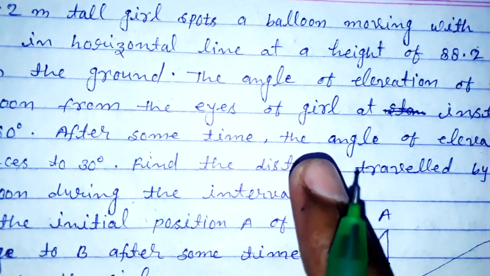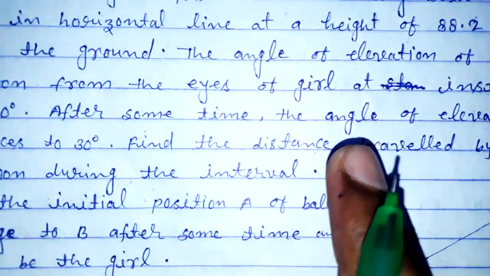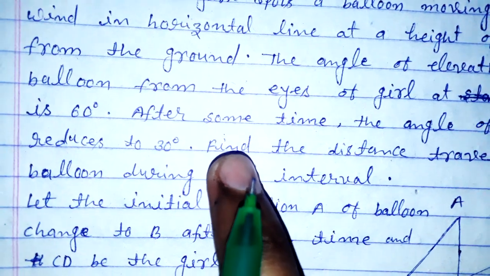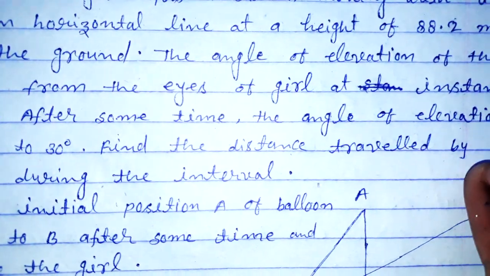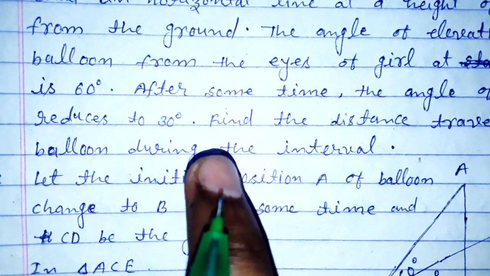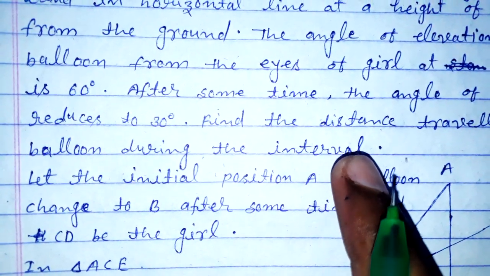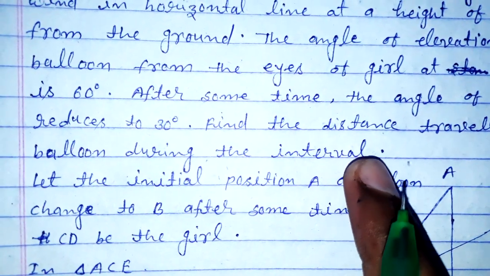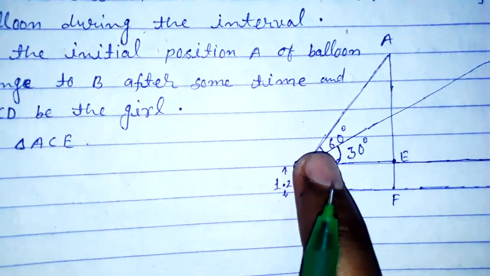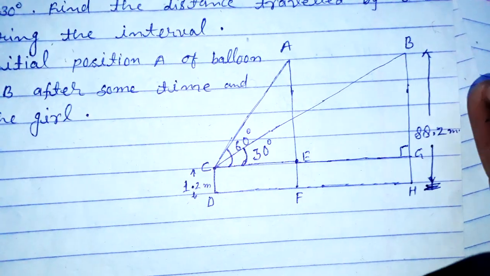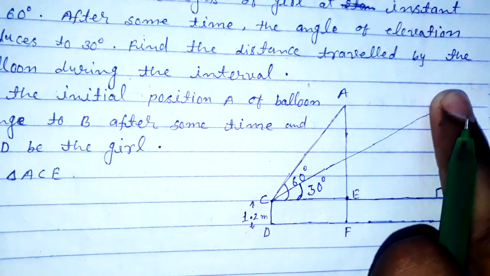After some time, the angle of elevation reduces to 30 degrees. Find the distance traveled by the balloon during the interval. So this is the initial position and this is the next position.